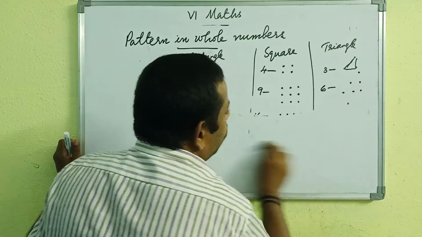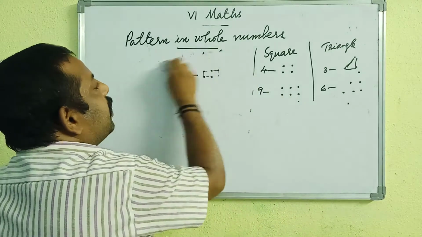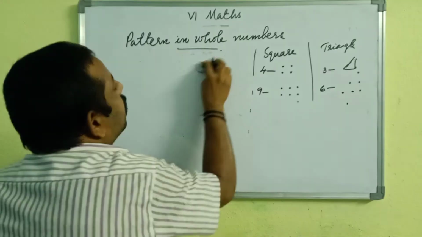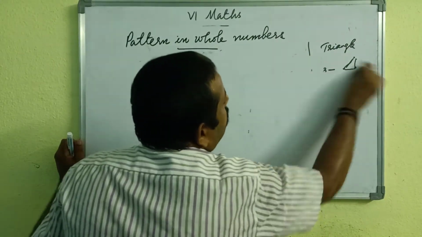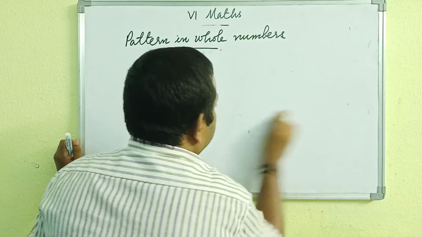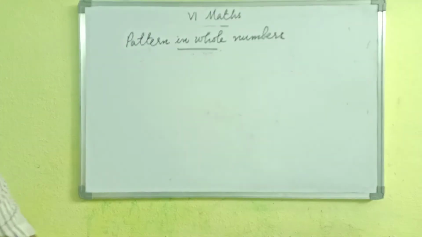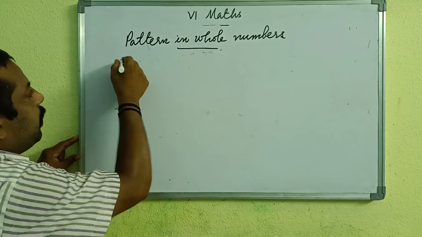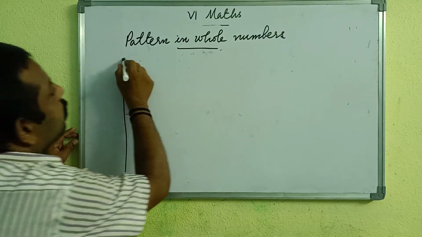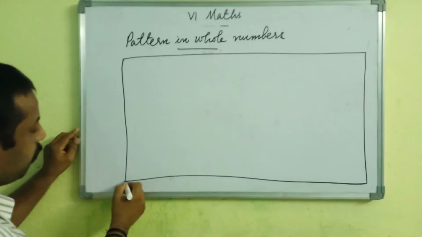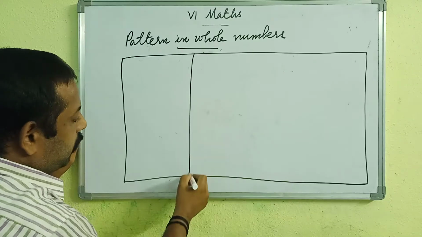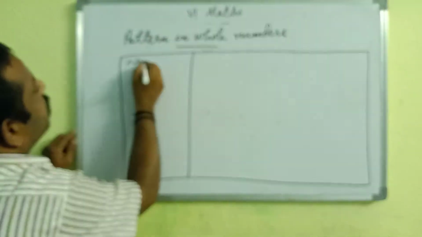So far what you have learned, on the basis of that I am going to give you one homework. So the homework is, you will make a table. In the table, first column is for numbers.